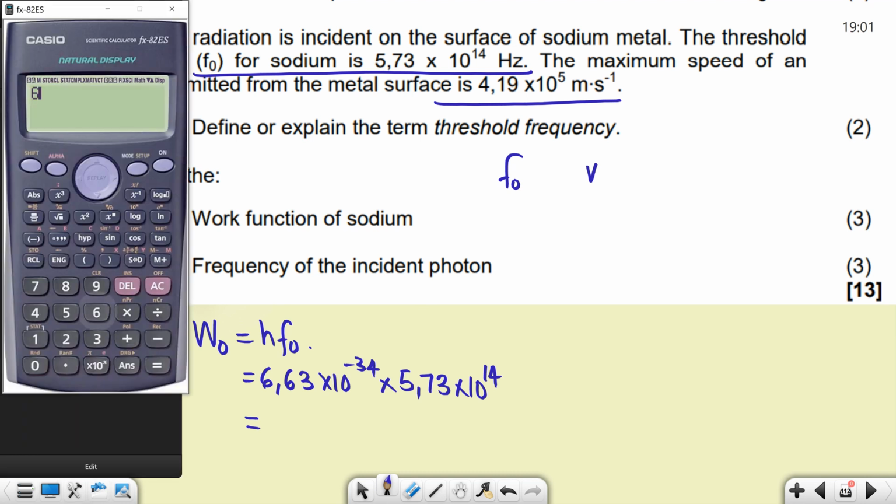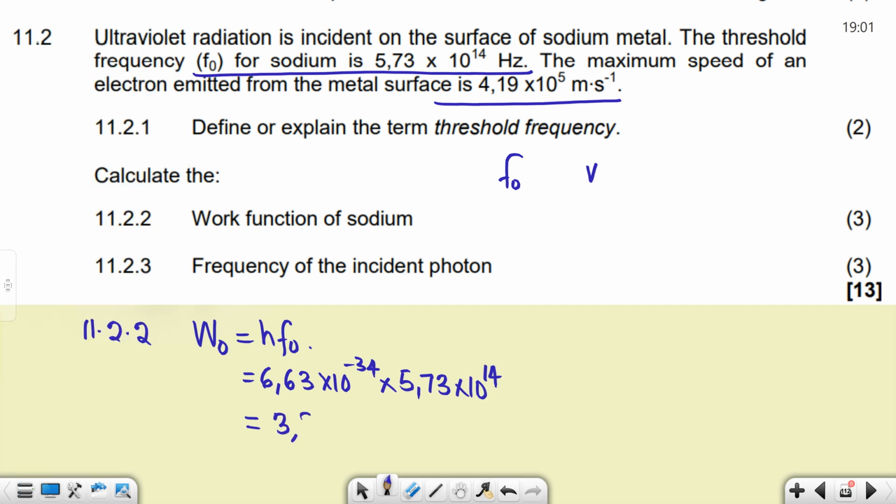Just going to punch this quickly. 6,63 times 10 to the power negative 34 times 5,73 times 10. Please be careful when you punch. 3,798, which is 3,80. Remember, 2 decimal places. 3,80 times 10 to the power negative 19. And the unit, joules, 3 marks. All right.